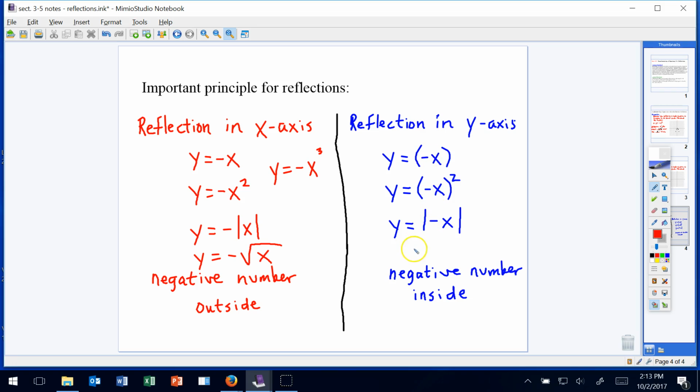When we move that number inside, and that includes the square root function and the cubic function, now we're going to get a reflection in the y-axis. So it's all about the positioning of the minus sign. And that's pretty much all I wanted to cover with you. I think that'll help when you go to do your homework.